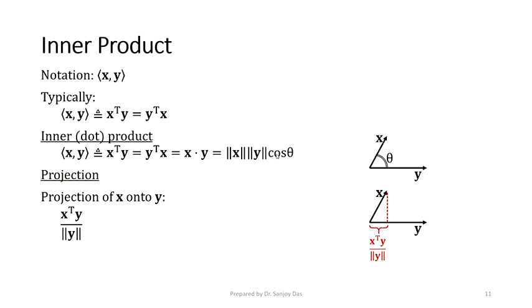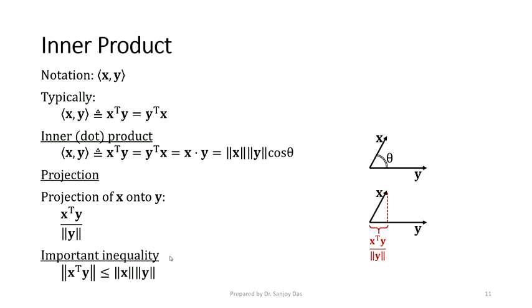X norm, y norm, cosine theta, right? What we need is simply x norm, the L2 norm of x, times cosine theta. So that's why I'm dividing x transpose y by the norm of y. So it's a scalar, the projection of x along the vector y. Okay?